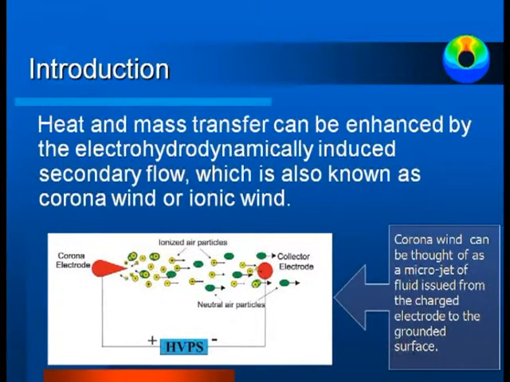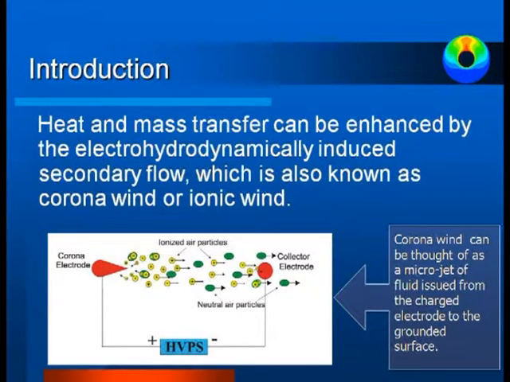So how do we create this corona wind? We need two electrodes. One electrode has to be charged at a high voltage, and the other has to be grounded, so there is a potential difference. When we charge the so-called emitting electrode at a high voltage, the air in between will be ionized, because the high electrical field breaks up the neutral air into ion pairs.